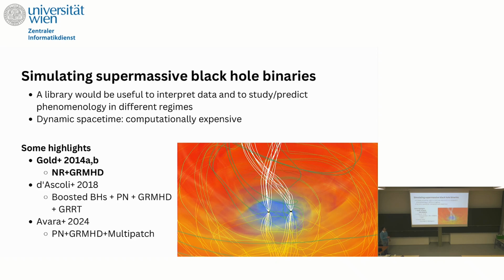You can see here the accretion disk in this simulation. Also, you can see the magnetic field threading the two black holes, and this empty region that forms due to the motion of the binary that cleans the fluid in their path.